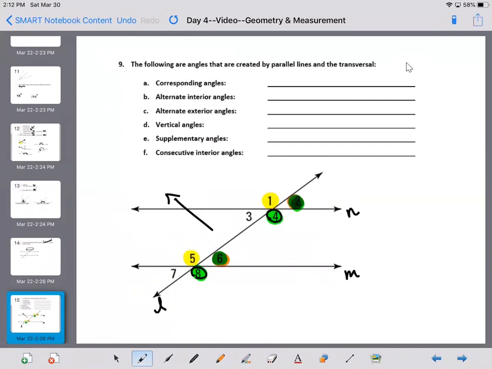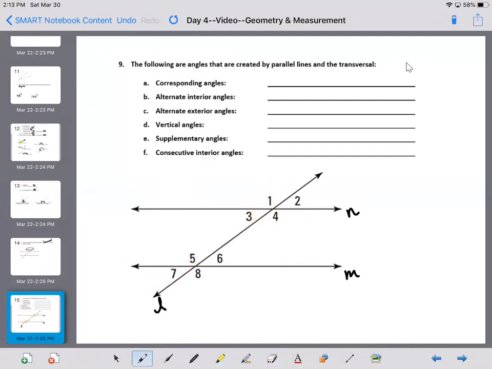So they would be what we call corresponding angles. We could also say angle 3 and angle 7, those are corresponding. Angle 5, angle 1, those are corresponding. So the idea is it's on the same side of the transversal.